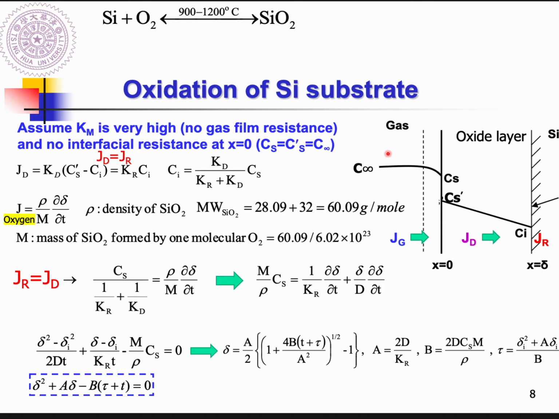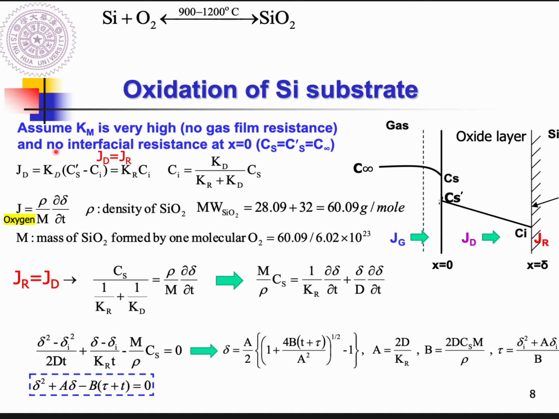In order to simplify the cartoon or situation I just drew, we assume the transport coefficient Km in this gas film layer is very fast, which means we don't have any film resistance. So the concentration remains constant, meaning C infinity equals Cs.